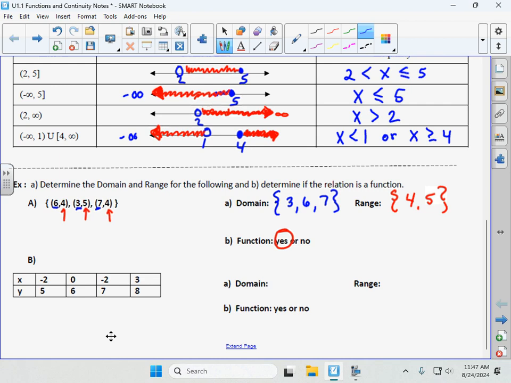So ordering from smallest to biggest, -2 would come first, then 0, and then 3. And then the range: 5, 6, 7, and 8.